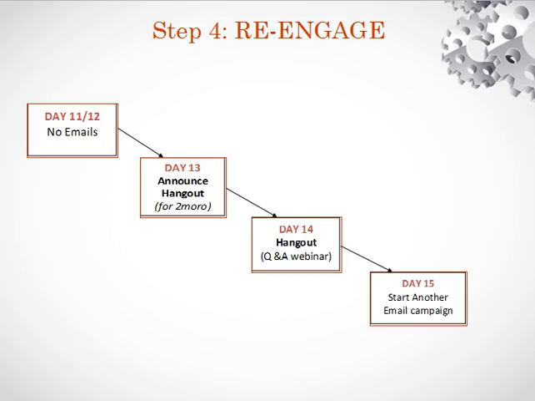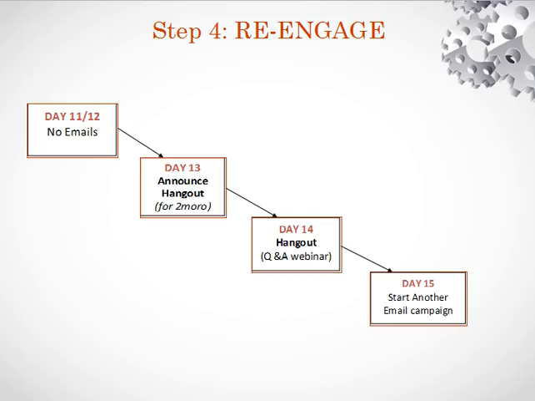And then step 4, you re-engage, right? After you close that campaign on the 10, that's not the end of the campaign. You have a re-engagement, and this re-engagement is to get them ready for the next campaign, right? On the 11 and 12, you're sending no emails, and on the 13, you announce a hangout.